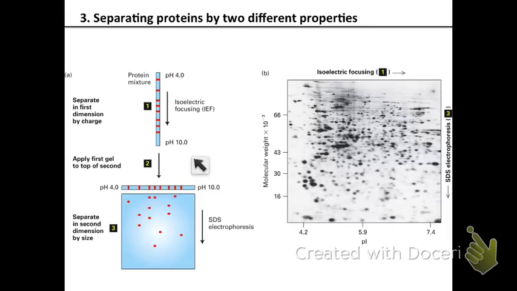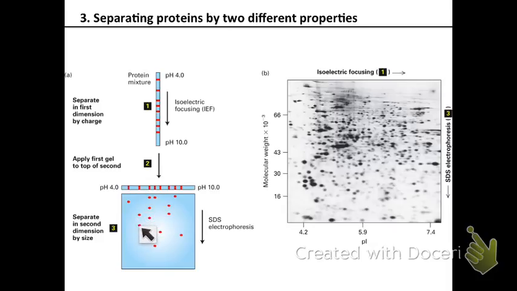Because you only separated them by charge in the first dimension. In the second dimension, you're going to separate those proteins based on their size. So if this band had two proteins of the same charge, but these proteins were of different sizes, they would now travel at a different distance based on their size.